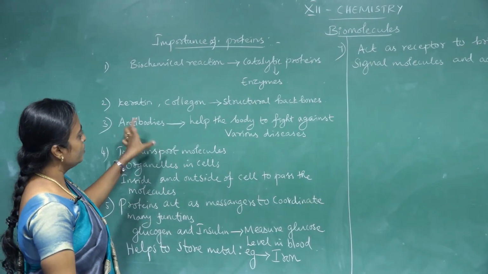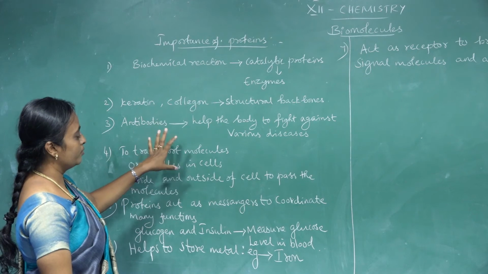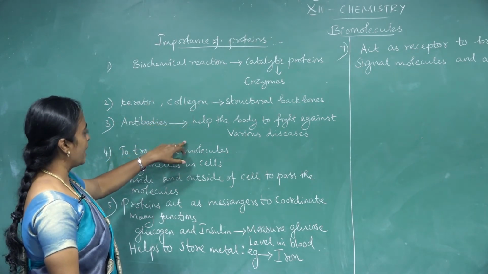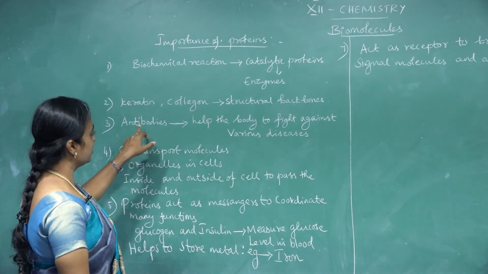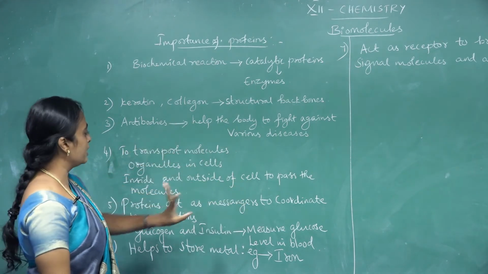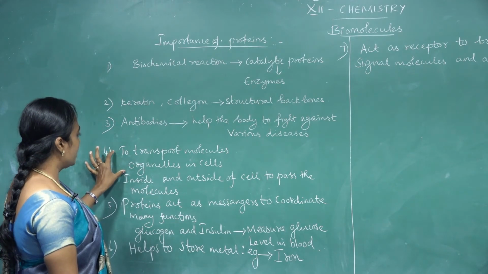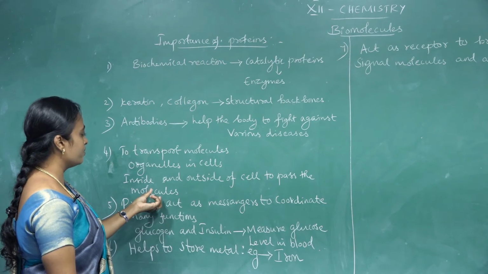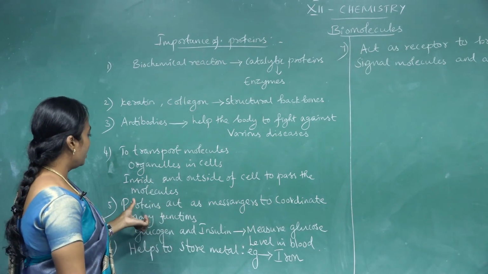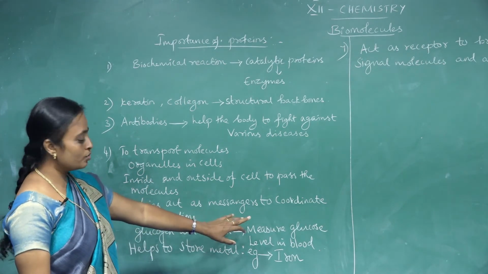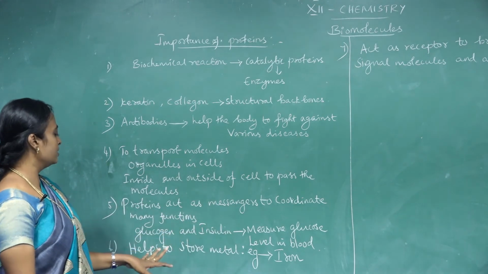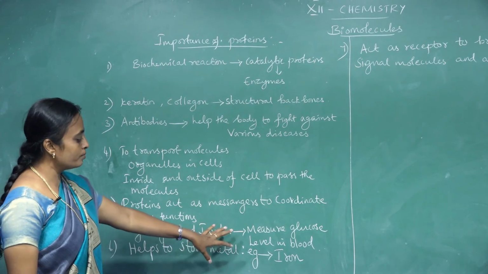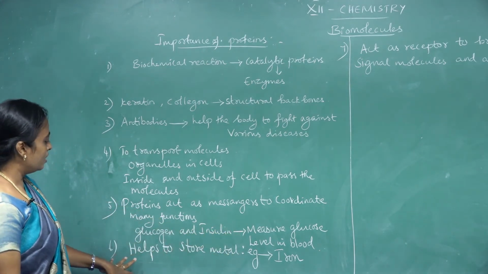One is the catalytic role, the process carried out by enzymes. Two, enzymes are used as structural backbones, and antibodies have their own function. Proteins also transport molecules and organelles in the cell, and control the flow of molecules inside and outside. Proteins act as messengers to coordinate many cell functions, like insulin and glucagon, which are used to measure the glucose level in the blood.